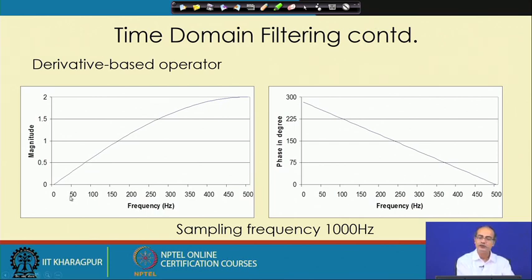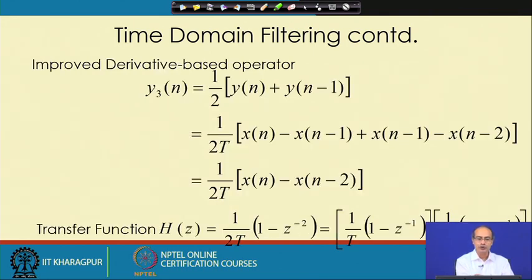This is very good in removing the low frequency artifact, but at the same time it creates one problem: if there is any high frequency noise, it gives a tremendous boost, which is not a desirable characteristic.